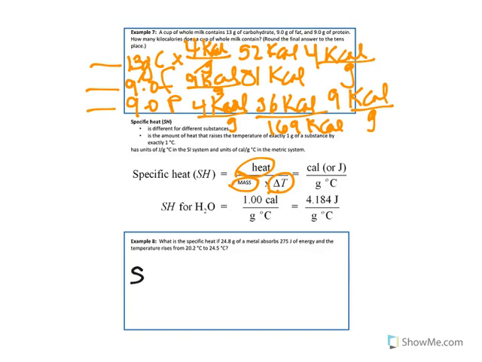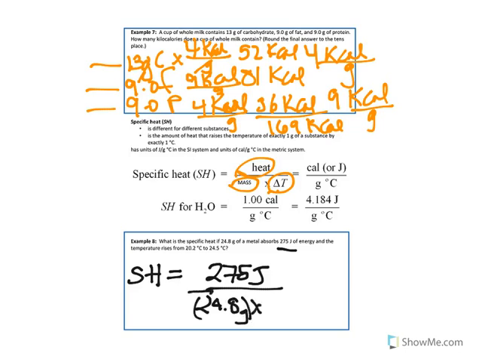Again, specific heat is equal to the heat, which we are given as 275 joules, divided by the mass. Remember, mass is a measure of weight. We have 24.8 grams times the change in temperature. Now, the change in temperature is always going to be the final temperature minus the initial temperature.